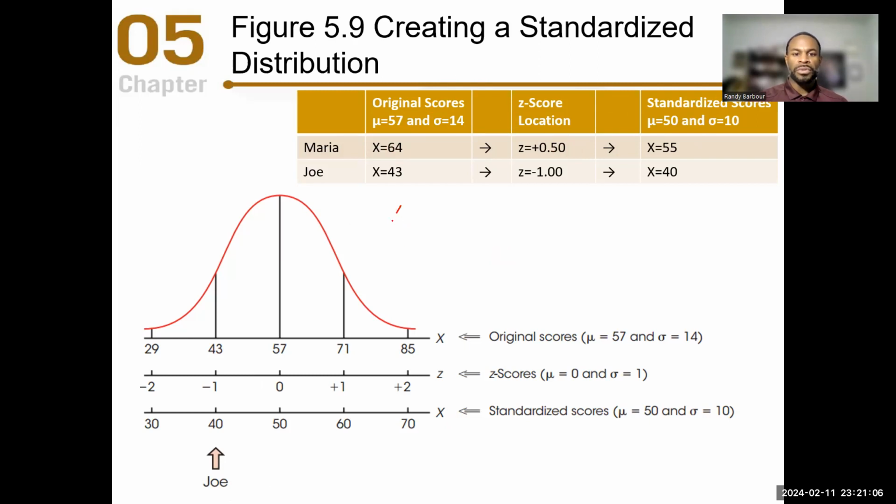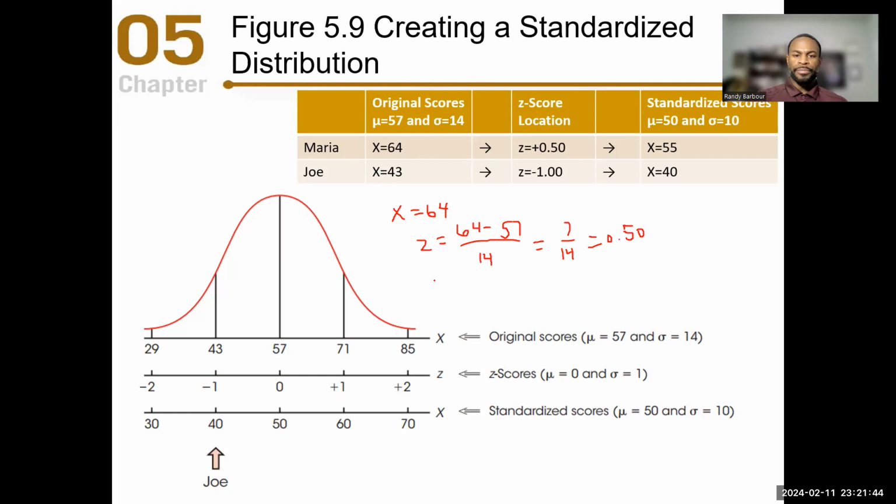For our original distribution, 64, z formula: 64 minus 57 over 14 equals 7 over 14, which gives you 0.50.